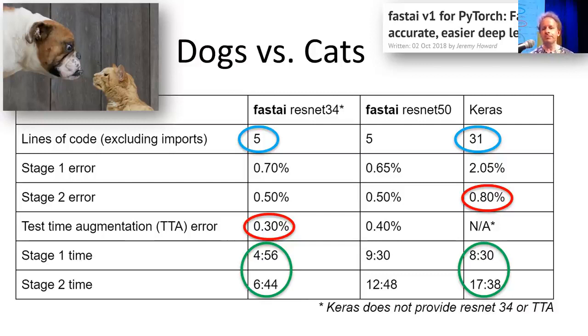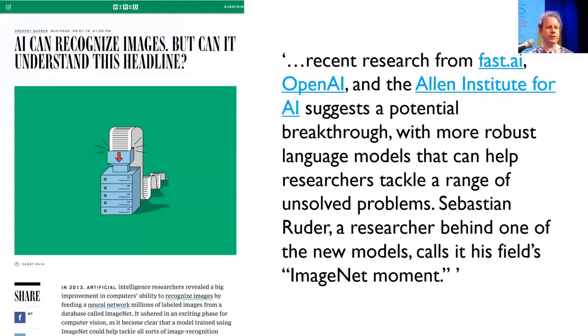Okay? So hopefully you'll find this a really useful library, not just for learning deep learning, but for taking it a very long way. How far can you take it? Well, as you'll see, all of the research that we do at fastai uses the library.